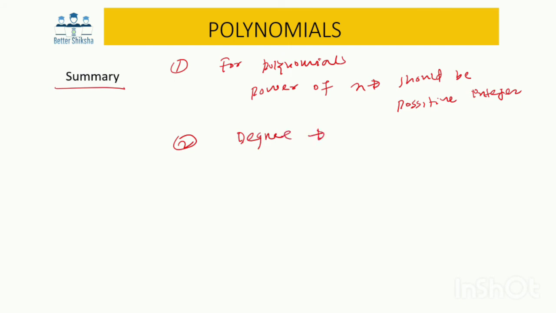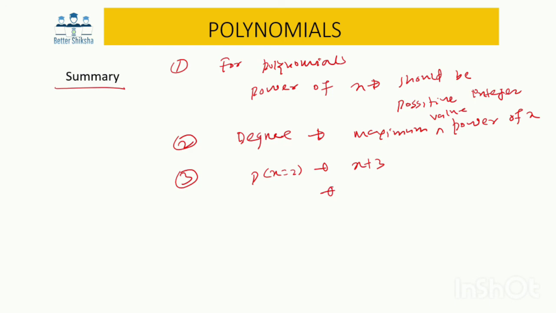How do we calculate the degree? Degree is nothing but the maximum power of x, right? The maximum value of the power of x. And third, we simply learned that if I put any x value in a given polynomial, we simply calculate the value of the given polynomial, right? Thank you.